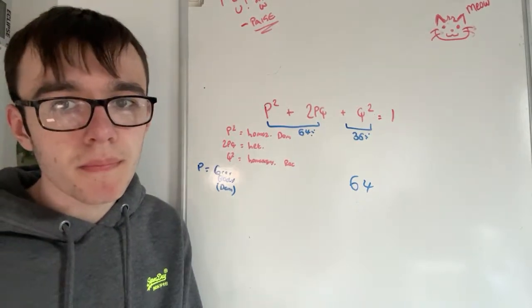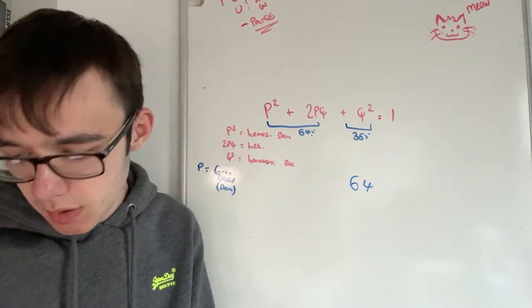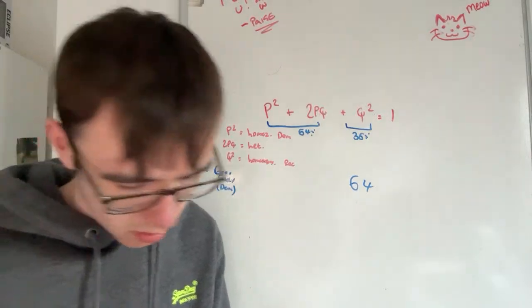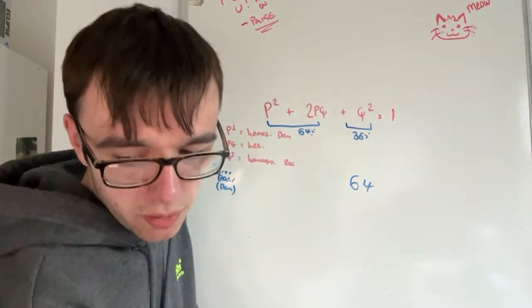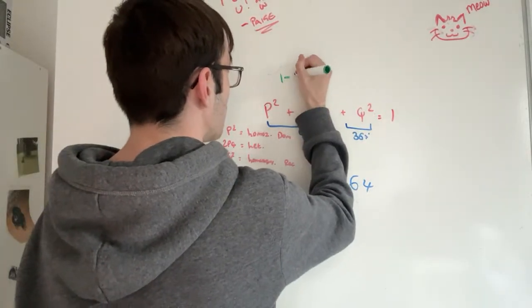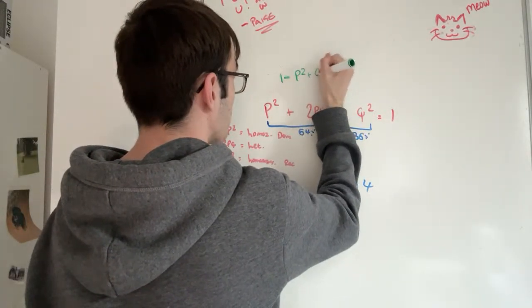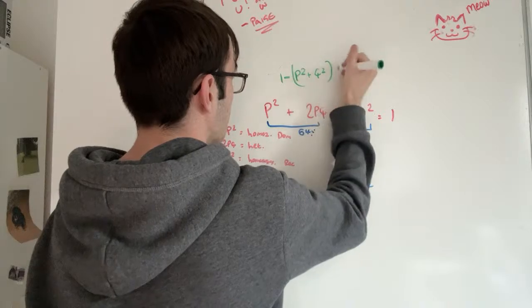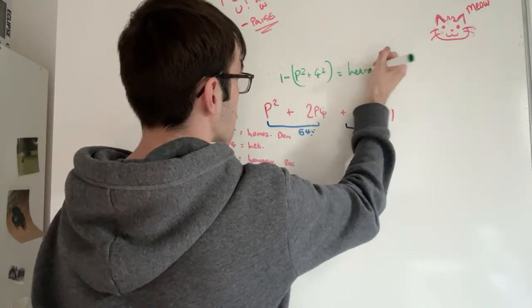Okay, well, it's given you a hint. And that hint is 1 minus p squared plus... Okay, this might help. 1 minus p squared plus q squared. That's the amount of heterozygous.